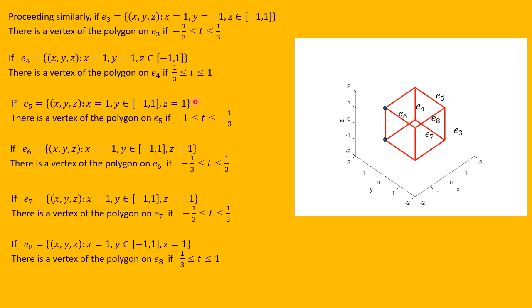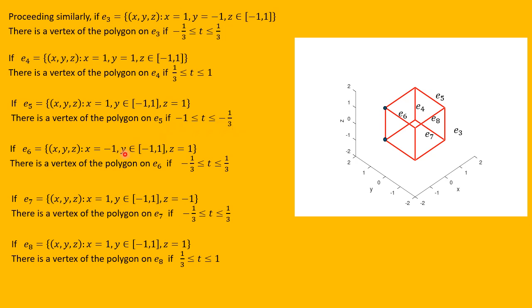And so what we do is solve inequalities similar to what we saw in the E sub 2 case. And what we do find is that we do have a vertex of that intersection polygon on E3 for t values between minus 1/3 and 1/3. On E4, if t is between 1/3 and 1. On E sub 5, if t is between minus 1 and minus 1/3.